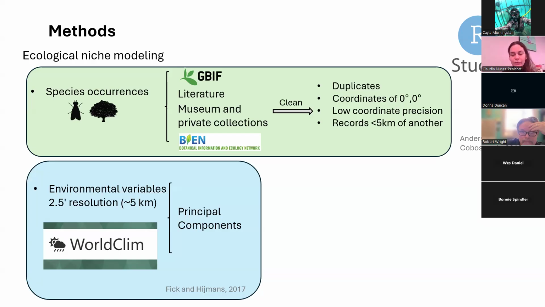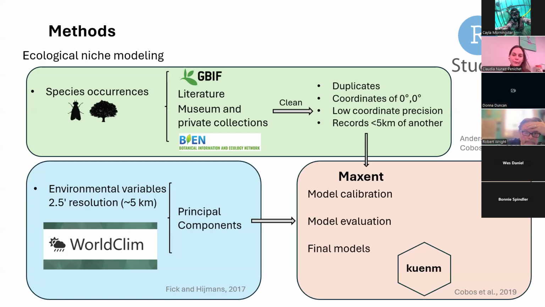Once we have those two types of data, occurrences and principal components as environmental factors, we develop the models. We did it in Maxent. We performed calibration steps, evaluations, and selected the final models. I'm not going to go into a lot of the details of this section, but I will be happy to answer questions about it later.